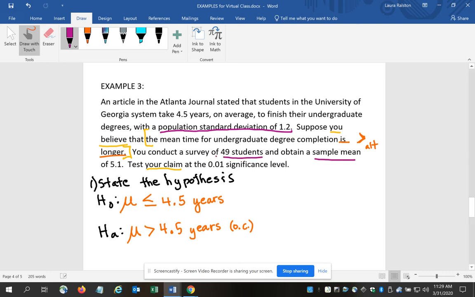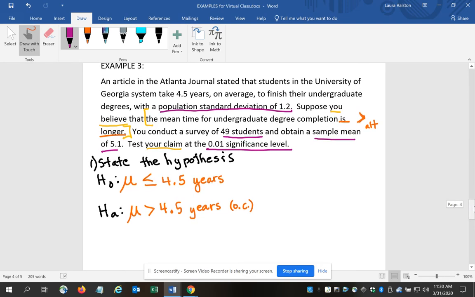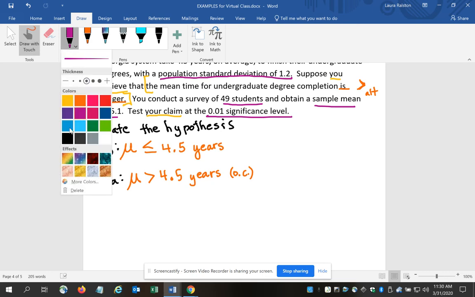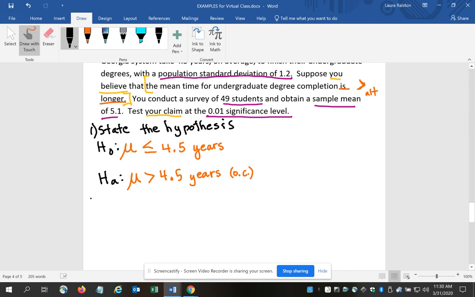We had a sample mean of 5.1, and it wants us to use a 0.01 significance level. So again, everything that we need is given to us in the problem. So in step 2, we're going to identify the players, if you will.